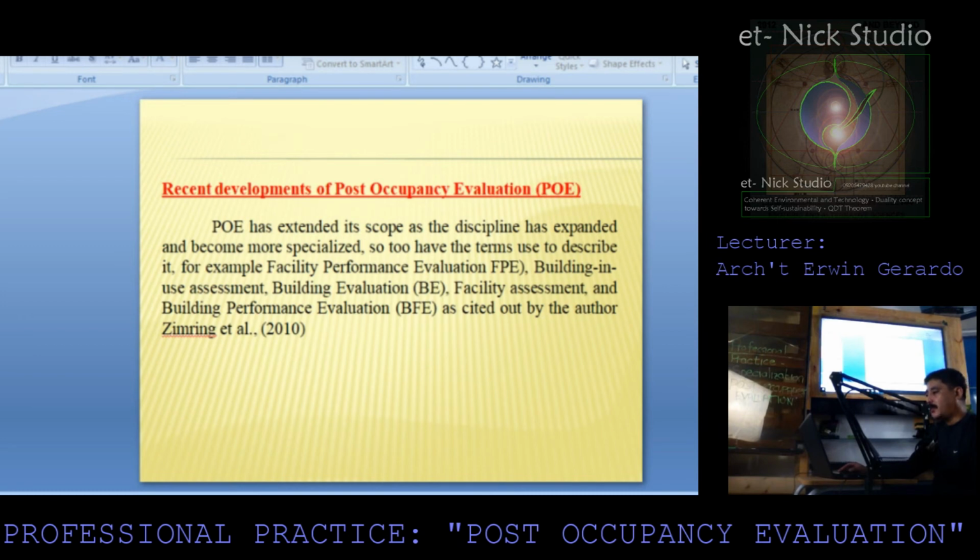Recent developments of post-occupancy evaluation have extended its scope as the discipline has expanded and become more specialized.